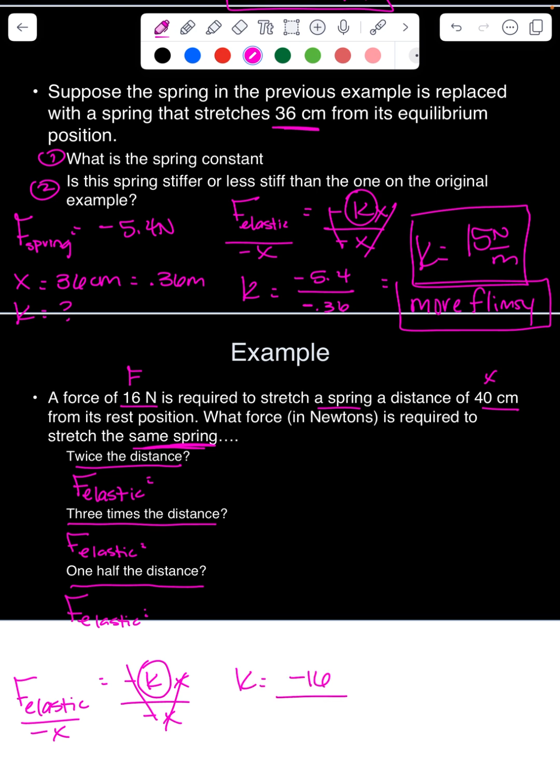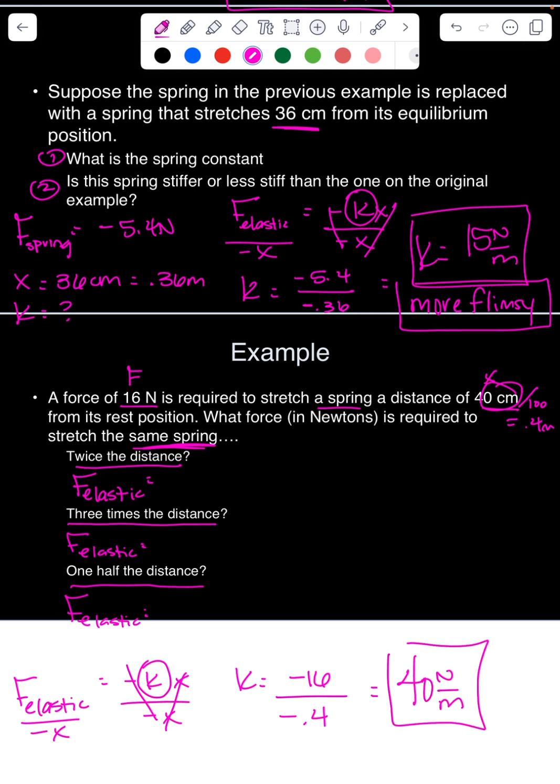Remember, the force is always going to be negative because it's a restoring force, divided by negative 0.4. The reason that it's 0.4 instead of 40 is because this is 40 centimeters, so we have to divide that by 100. That gives us 0.4 meters. So negative 16 divided by 0.4 does give us a spring constant of 40 newtons per meter.